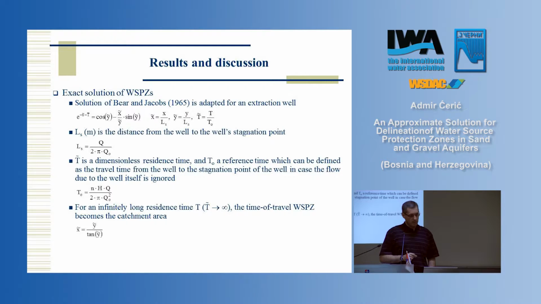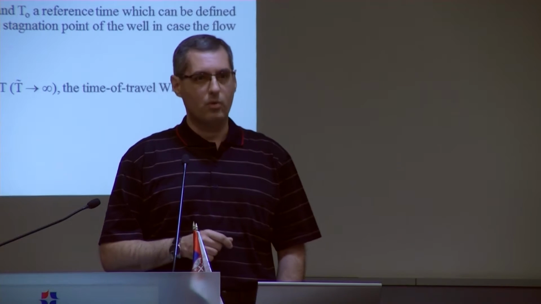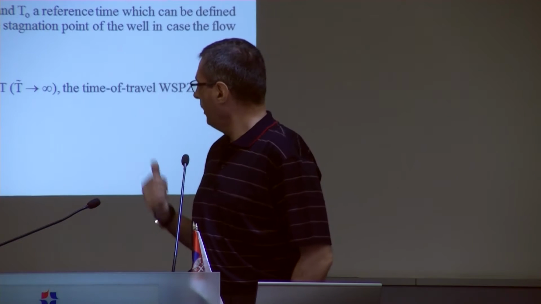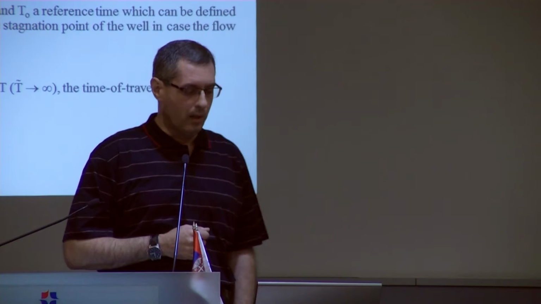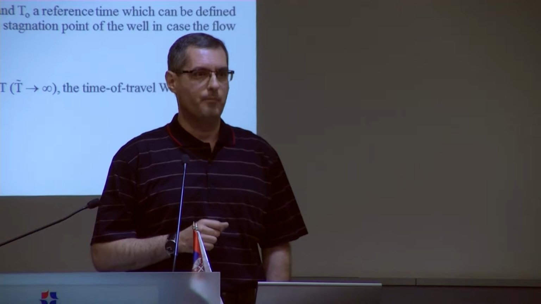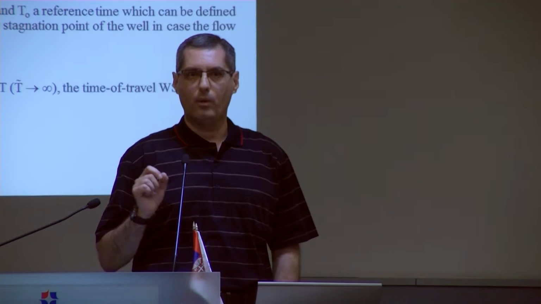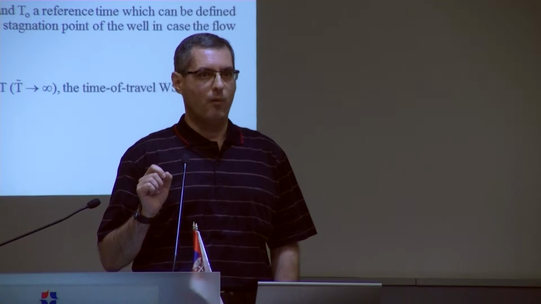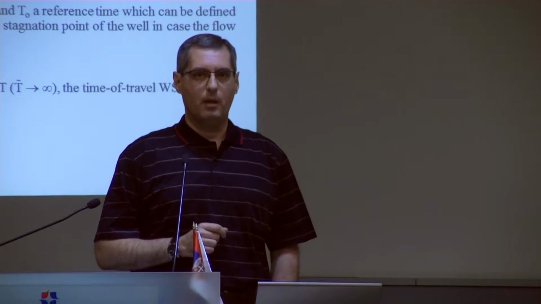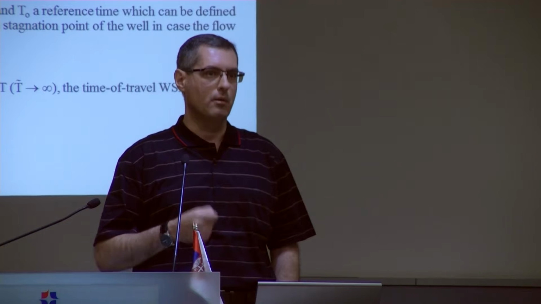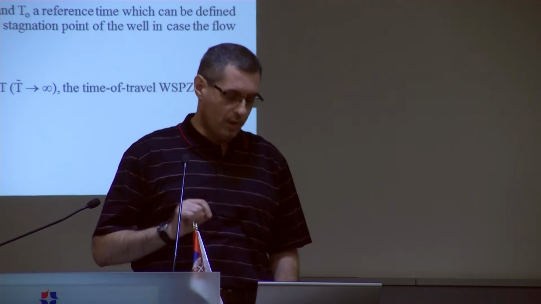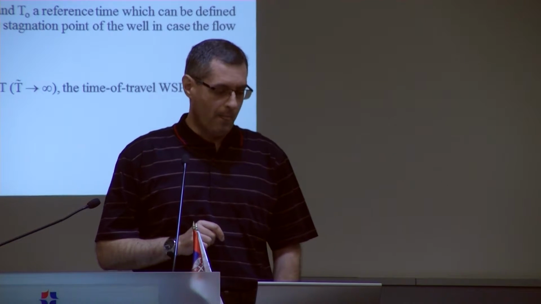Also T tilde is the dimensionless residence time, which is defined using the following equation on the screen. As you can see, this residence time is defined with only a small number of aquifer parameters, and it is actually very easy to calculate for this hydrogeological setting.